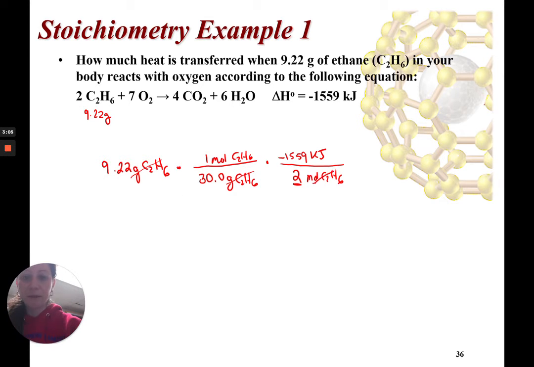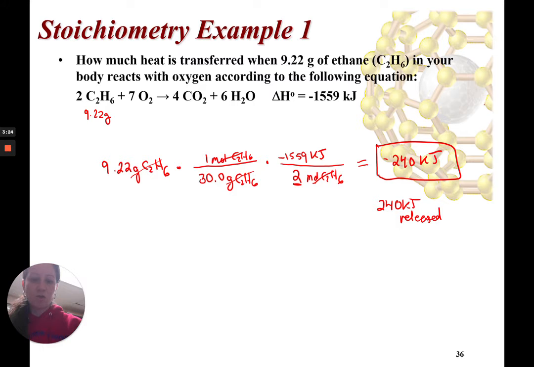So my moles of ethane cancel, and I end up with negative 240 kilojoules, and that's my answer. You can write it as negative 240 kilojoules, or you can write 240 kilojoules released. Remember that negative just tells you that it's an exothermic process, that heat is released from your system.